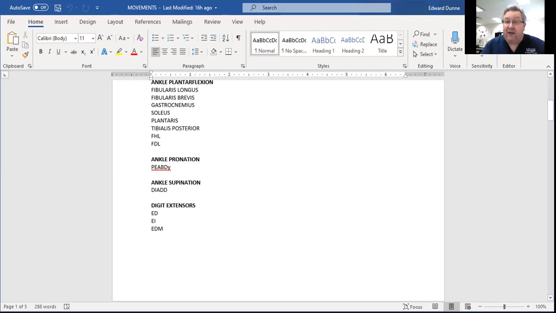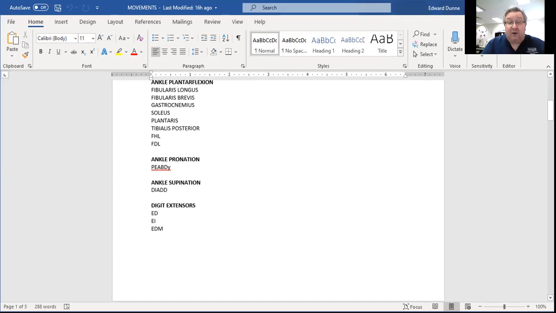The two main muscles that perform plantar flexion of the ankle are the gastrocnemius and the soleus muscles. All right, gastrocnemius is superior or superficial, and the soleus is deep to the gastrocnemius. Okay, so those 2 muscles are found in the calf.